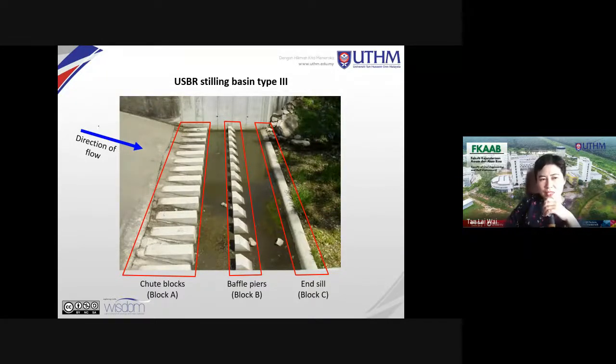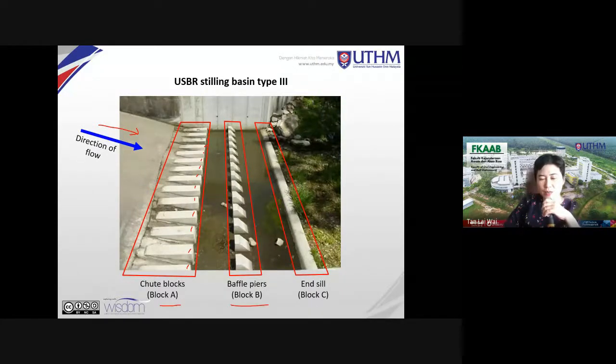So this is the direction of flow. We have a set of chute blocks. If I look at these images, I have 1, 2, 3, 4, 5, 6, 7, 8, 9, 10, 11, 12, 13, 14 chute blocks, and 14 baffle piers.